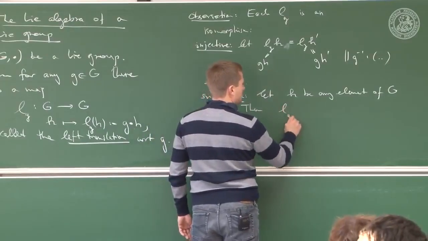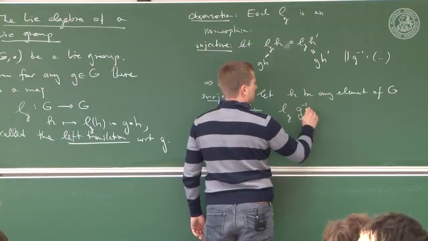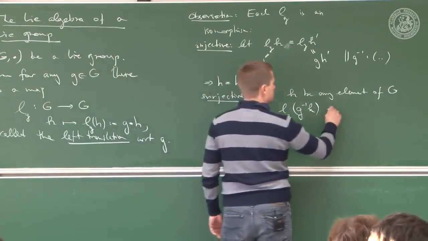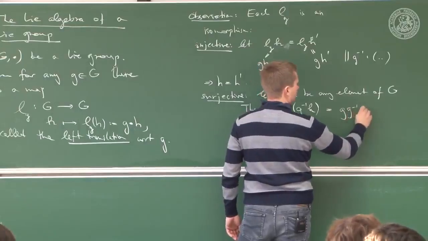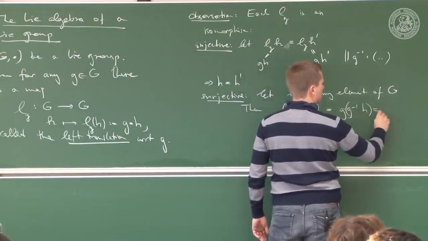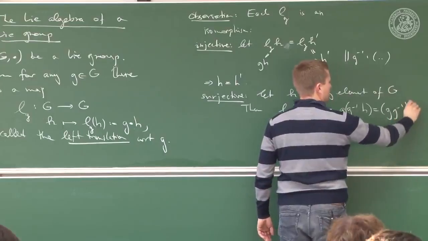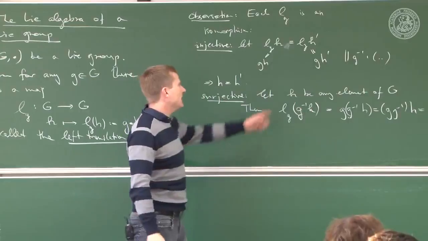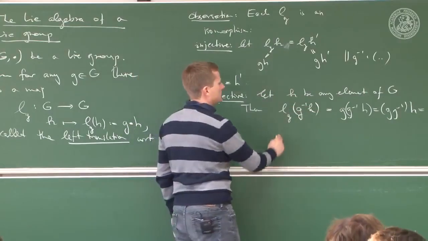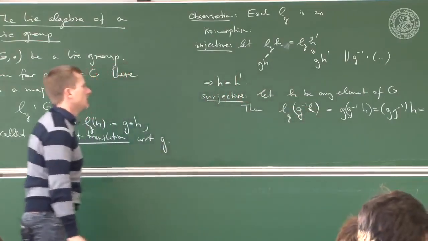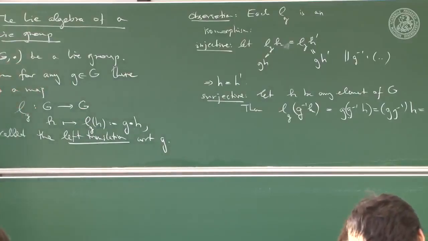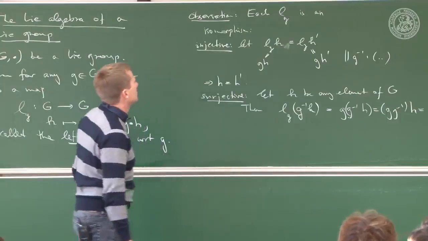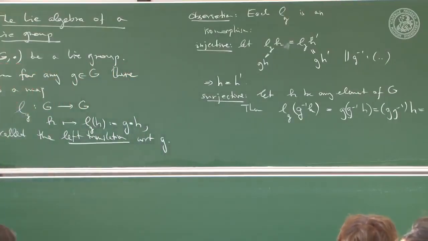Then LG acting on G inverse H, which is clearly an element of G, is of course G inverse H, because the whole thing is associative, is G inverse H, is the identity H, is H. So we hit any element of the target by LG, namely starting from G inverse H. So this is an isomorphism of the sets.